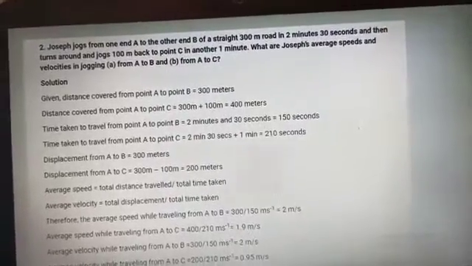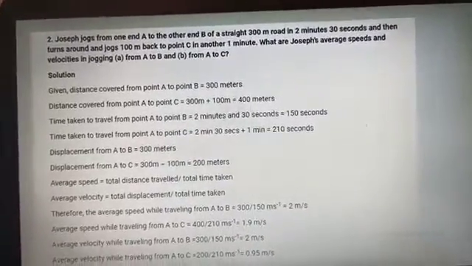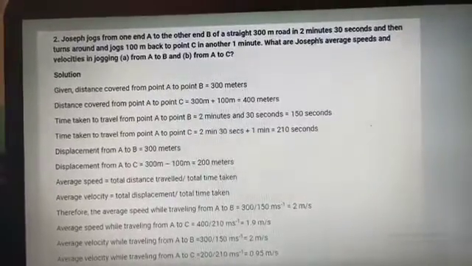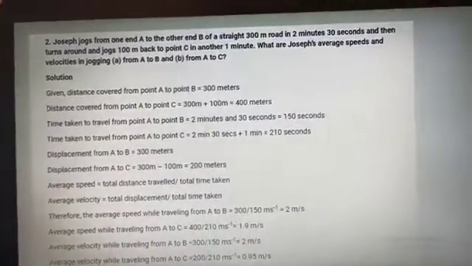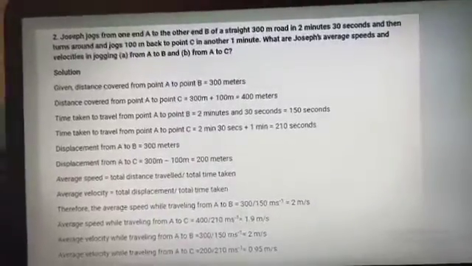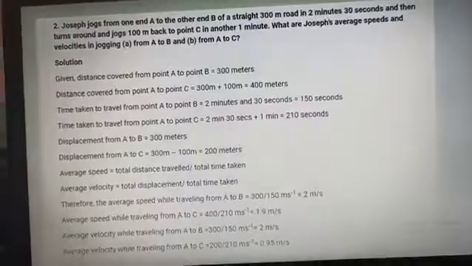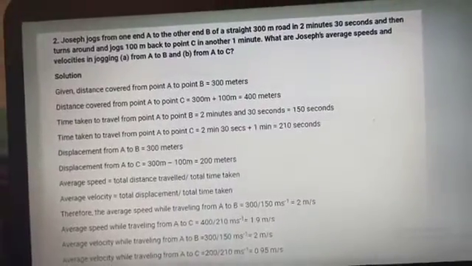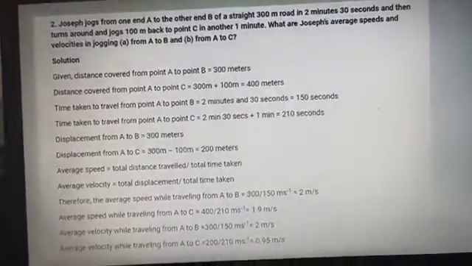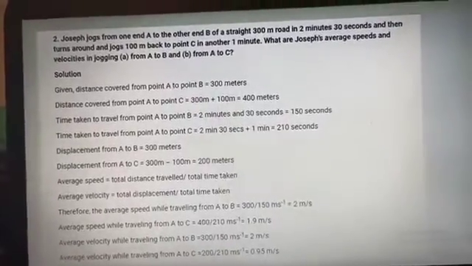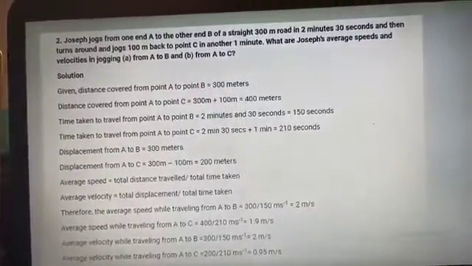So you have distance 300 from A to C, 300 plus 100, so the total distance covered is 400. The time taken to travel for A to B is 150 seconds and for A to C is 210. So then the total displacement will be equal to 200 meters.